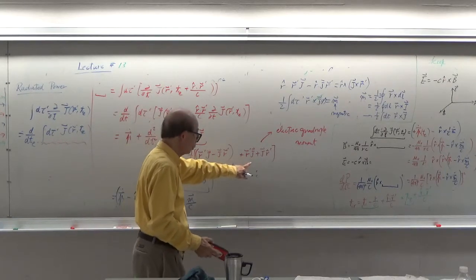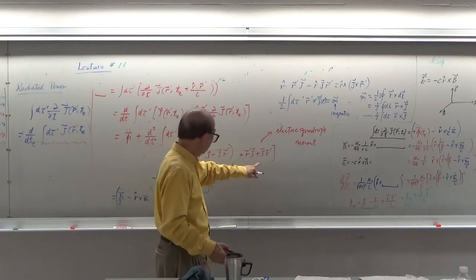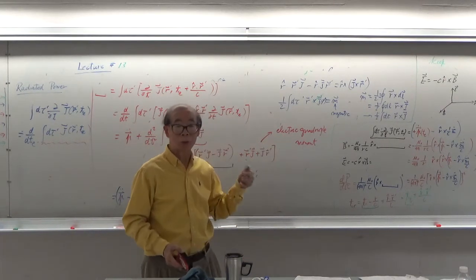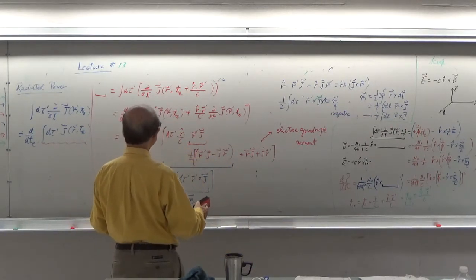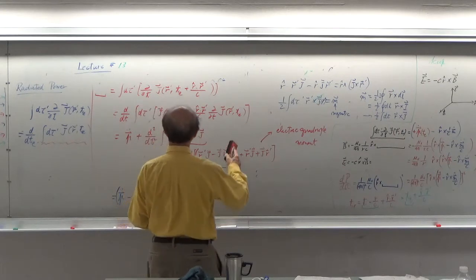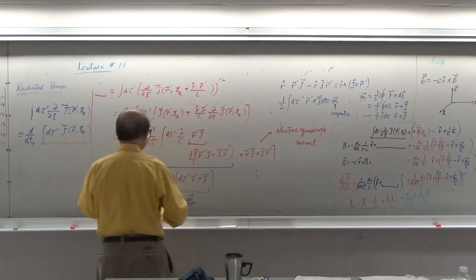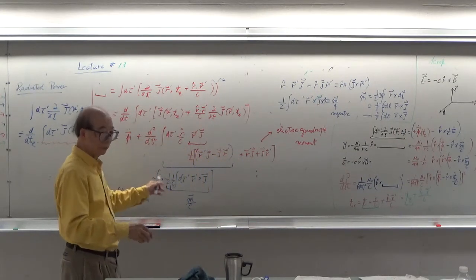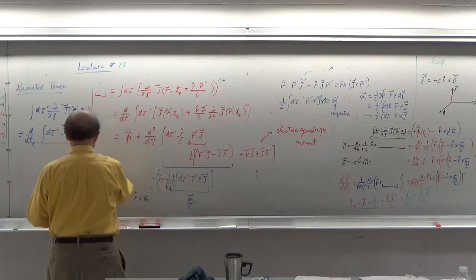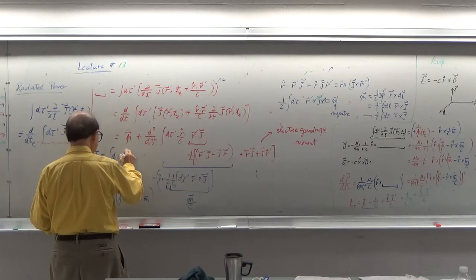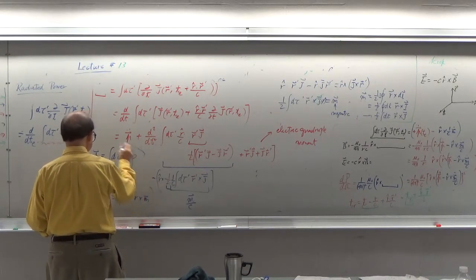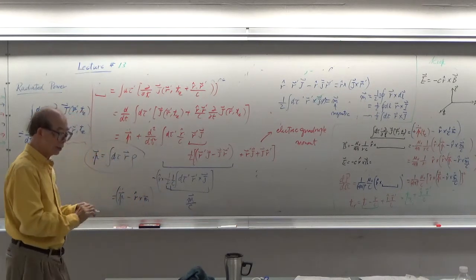Let me show you that this term in fact corresponds to the electric quadrupole moment. In case you have never heard of the electric quadrupole moment, you remember the dipole moment is the moment of charge: P is equal to the integral of r times rho, the moment of charge density.